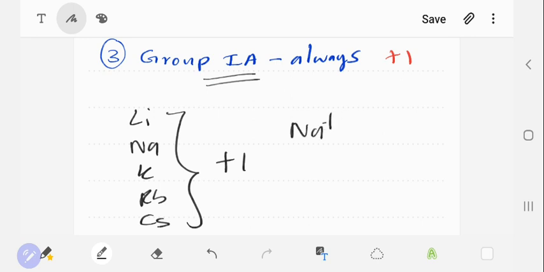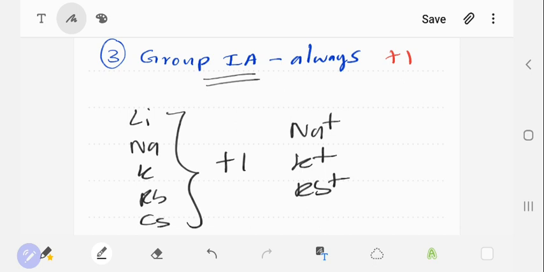Sodium plus, potassium plus, rubidium plus. In the elementary state it is 0. Lithium 0, sodium 0, but in the ion state it will take +1.